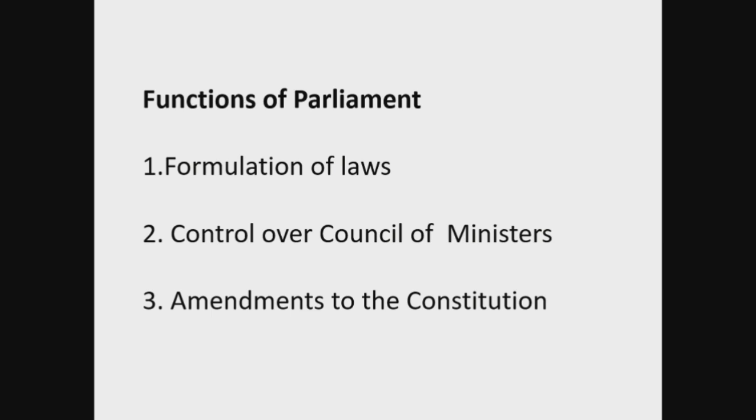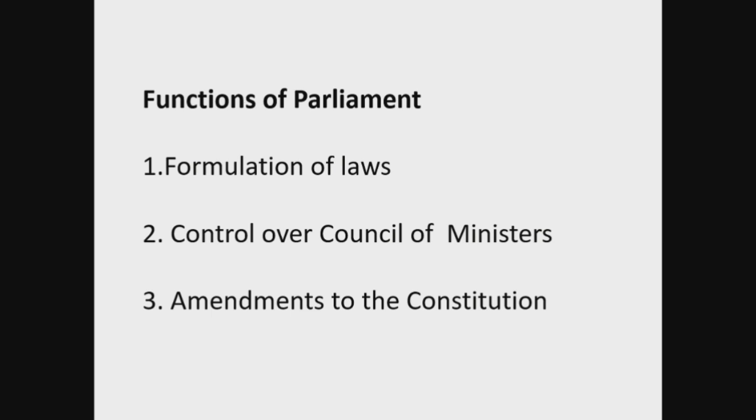The second function of Parliament is control over the Council of Ministers. The Prime Minister and the Council of Ministers are drawn from the Parliament, and Parliament exercises control over them. There are various ways through which this control can be exercised.